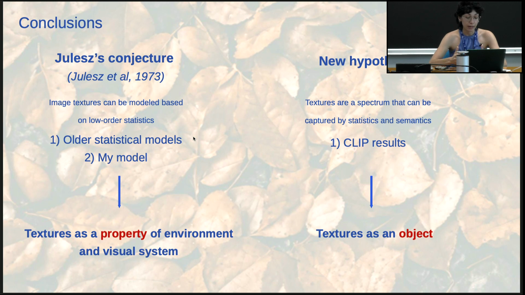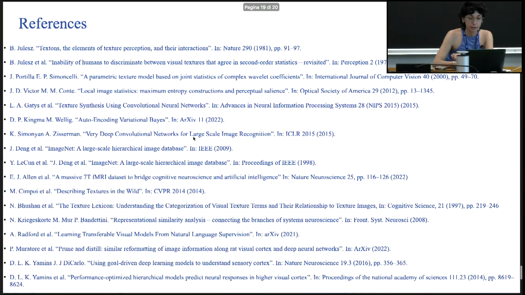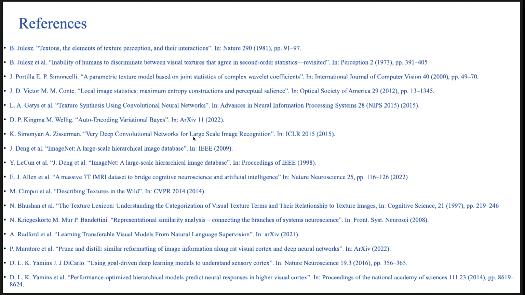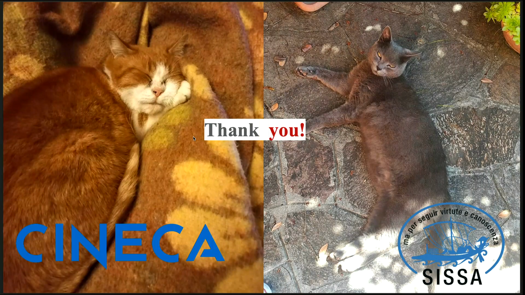And if we treat textures as an object, as we are doing with semantics, instead of as a property, as the previous models did by exploiting their statistical correlations, then we can exploit their semantic attributes and give them a new theory, a new study that also exploits their semantic attributes. And this is my conclusion. This is my references. And if you have any questions, I'm here.